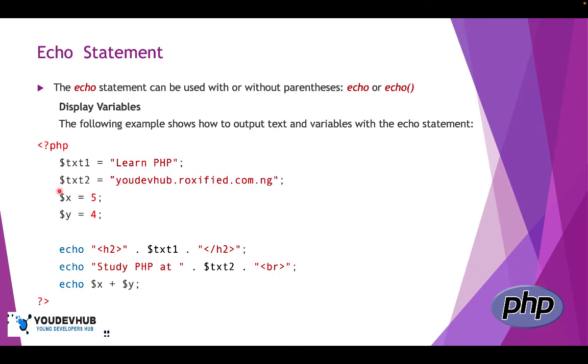Now, we see txt1 here, a variable. txt1 represents Learn PHP, while txt2 represents the URL for UDevOps, and we have x and y, which store the values 5 and 4. Now, let us echo this out and see what we have.